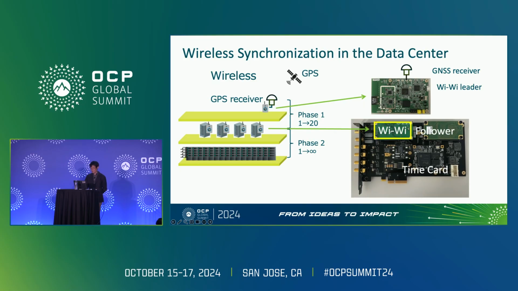This YY daughter board can pretend to be a GNSS module. It can provide 1 PPS, 10 megahertz, and time of day to the time card. By replacing this and having the leader module next to the GNSS receiver, we can make this wireless connection.